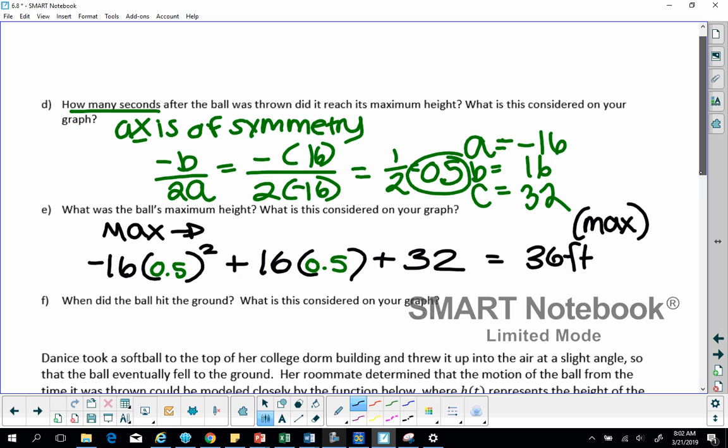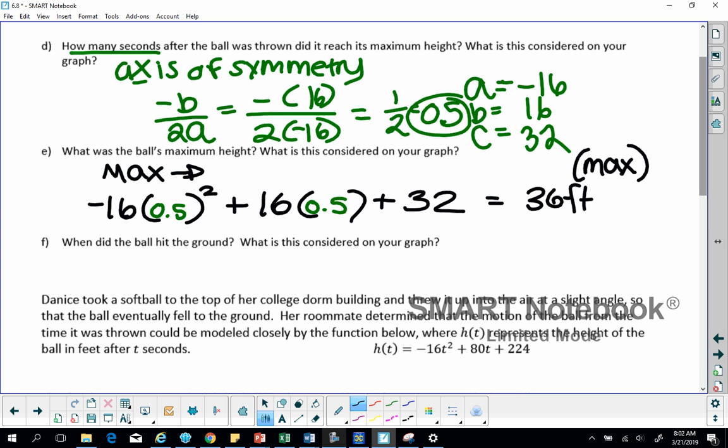When does the ball hit the ground? What am I trying to find there? X-intercept. This one you will be able to find using your calculator table. Or you can practice using your quadratic formula. So either way, you'll get the same answer. You can either type it into the table, it will show up, or you can put it into the quadratic formula and just practice doing that.